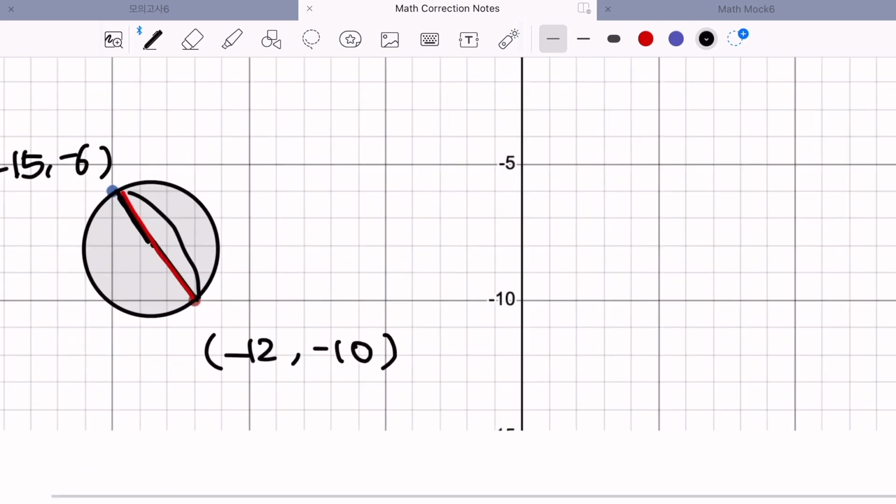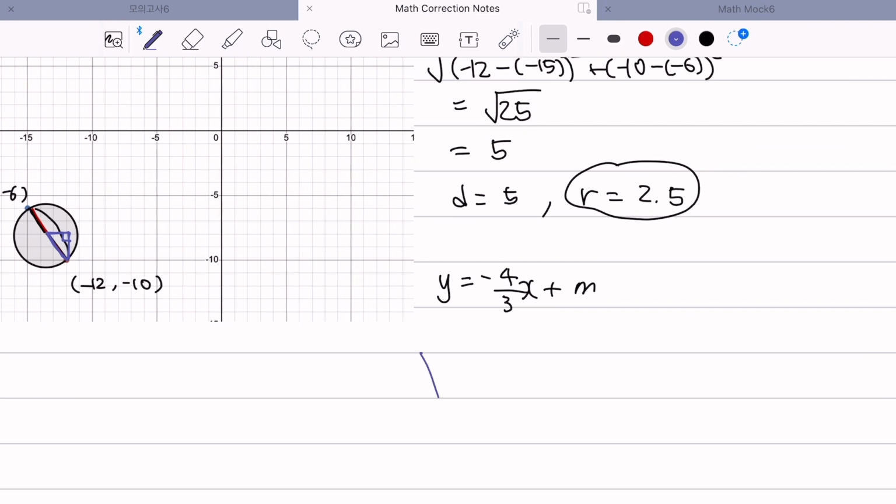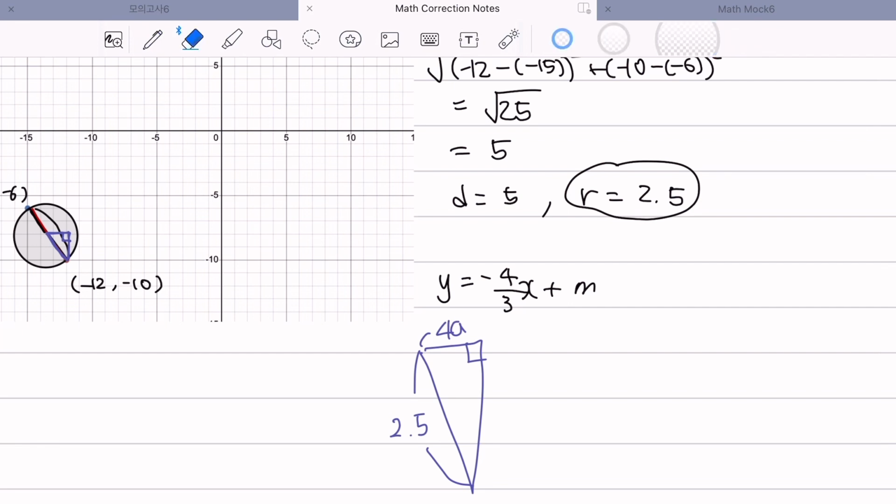Then when you draw a little right triangle over here, this value of 2.5, the legs are 3a and 4a, right?